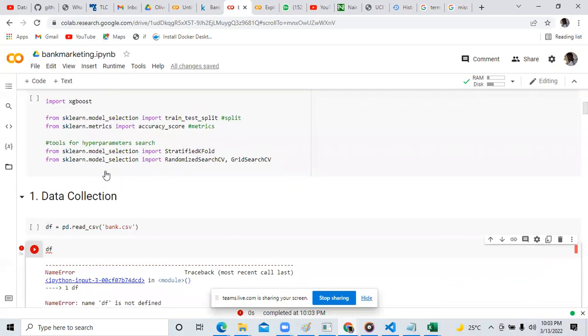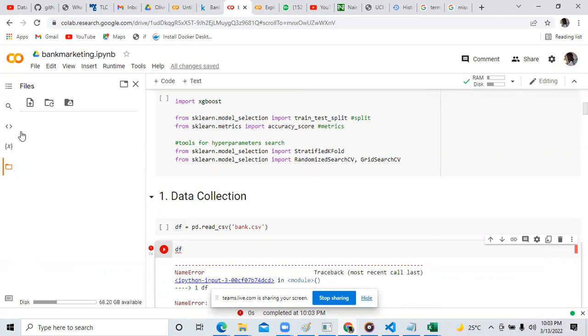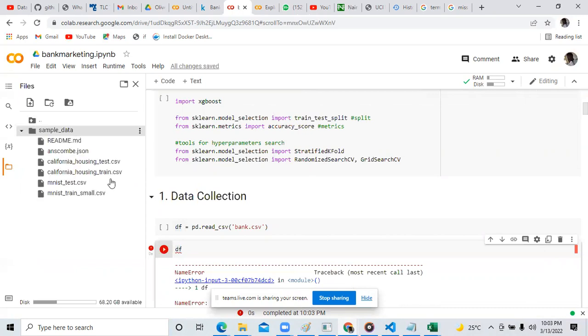Has the data set disappeared again? I don't know why it's always disappearing. It has disappeared again. Sorry, hold on.